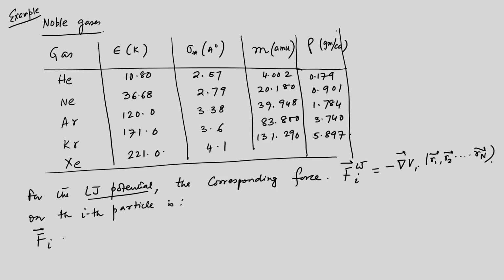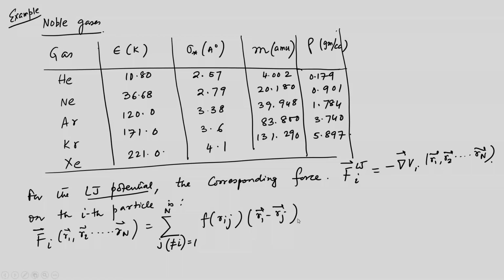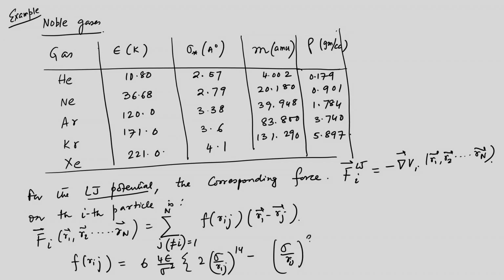Let us just drop this Lj for the moment and then write this as R_1, R_2, ..., R_n, and this is equal to sum over j not equal to i, j equal to 1 to n, f(r_ij) times r_i minus r_j, where f(r_ij) is equal to 4 epsilon by sigma square [2 (sigma by r_ij) to the power 14 minus (sigma by r_ij) to the power 8] and so on.